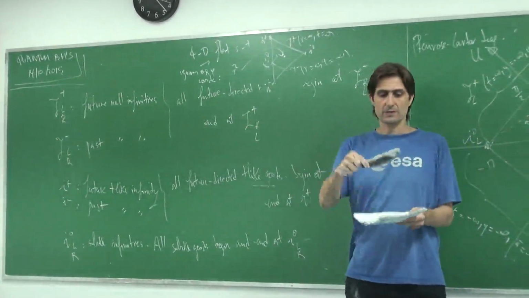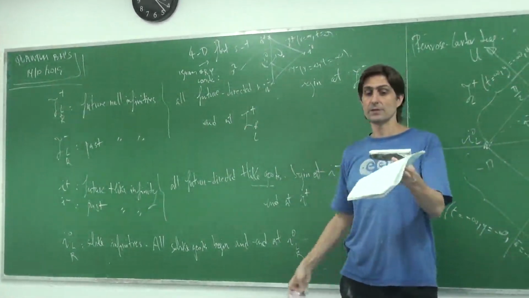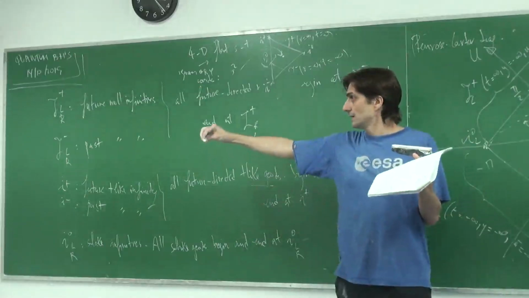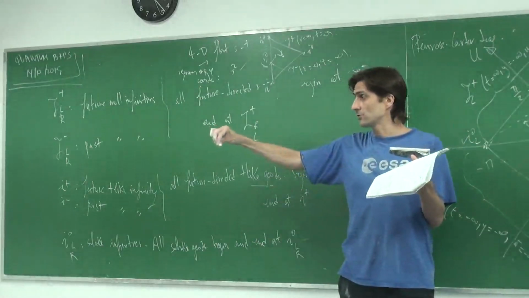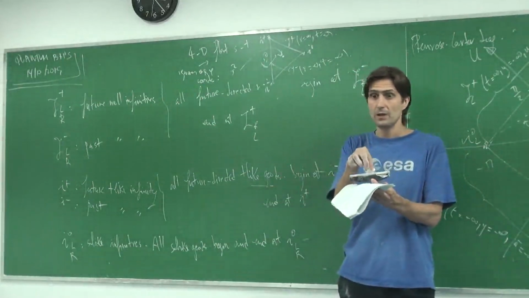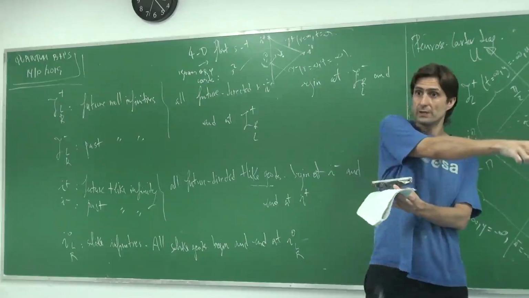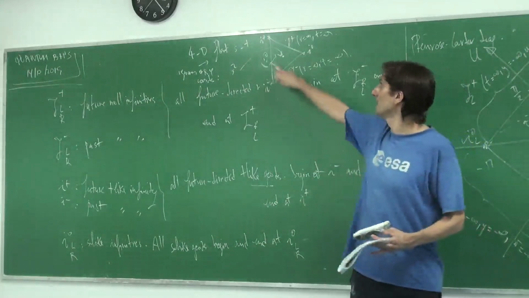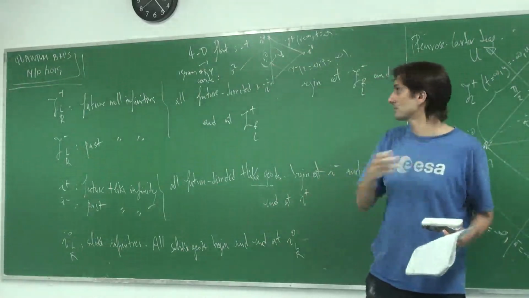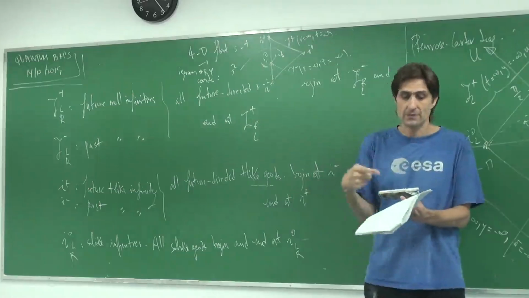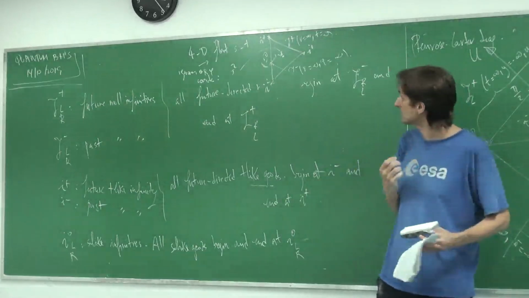If this duster is r equals 0, the center of the spatial coordinates, the radius of the null geodesic decreases, it reaches r equals 0, and then the radius continues increasing. It's just that the angle changed from phi equals 0 to phi equals 2 pi. You can see the angles here. But we represent it by saying it's reflected through r equals 0. All it means is that it's going through r equals 0.